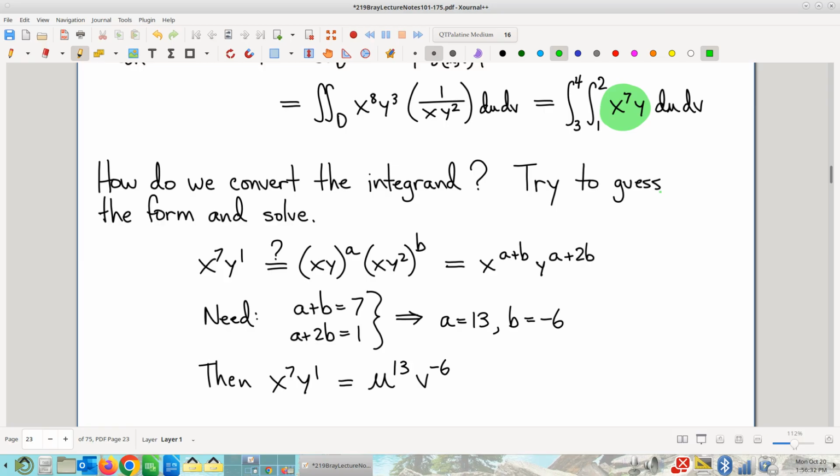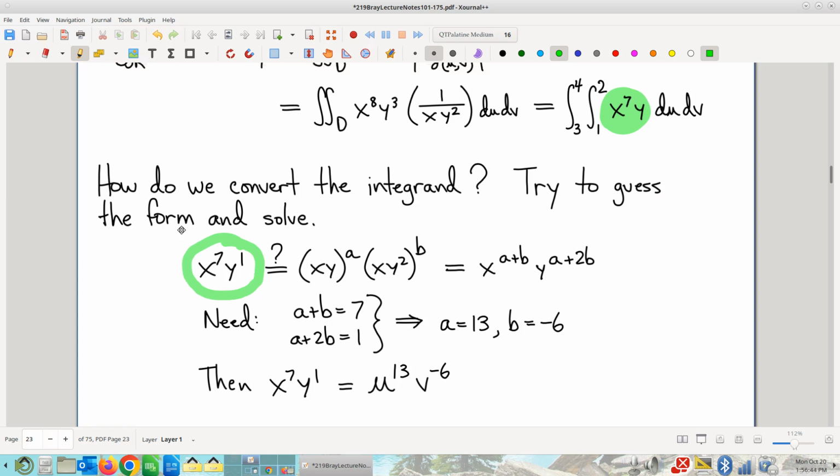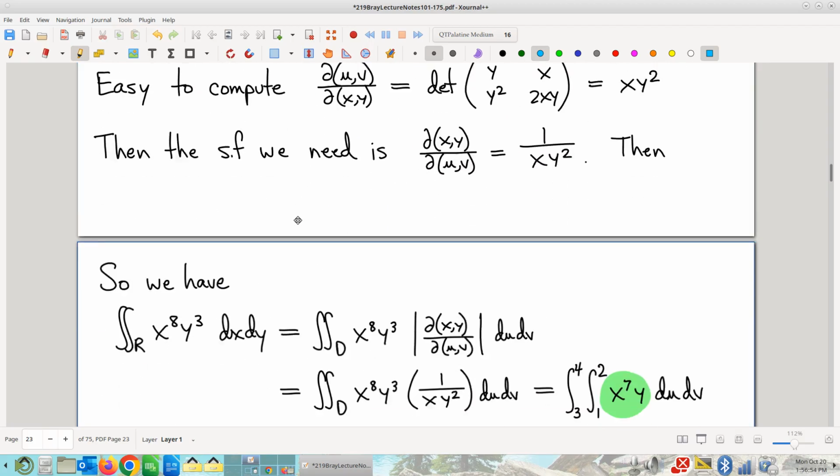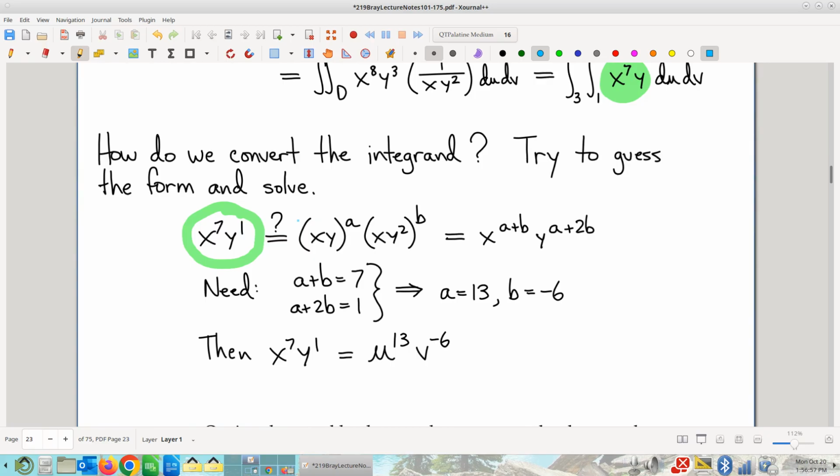So again, let me point to the big picture strategy, and it goes like this. I have, you'll notice, a product of powers of x and y. I'll write these in terms of u and v. Wait a minute. What are u and v? U and v are products of powers of x and y. So if I want to rewrite a product of powers of x and y in terms of products of powers of x and y, here's my theory.